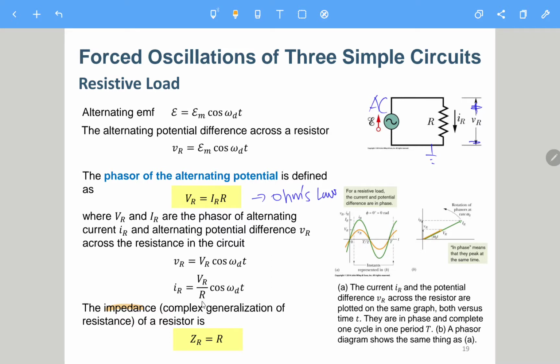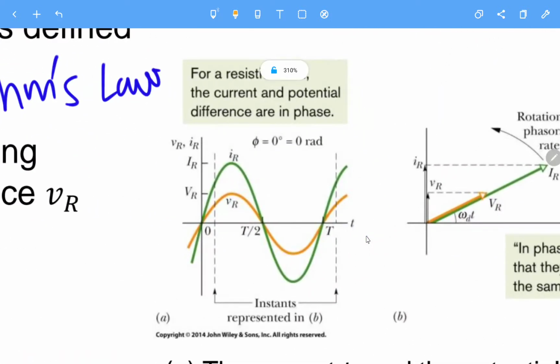So it is VR over R, times cosine omega d t. All the things are quite trivial because the resistor doesn't have any memory. So this is the first case, and you can see that the voltage vR and the current iR are in phase, which means the phase difference is 0 degrees or 0 radians.